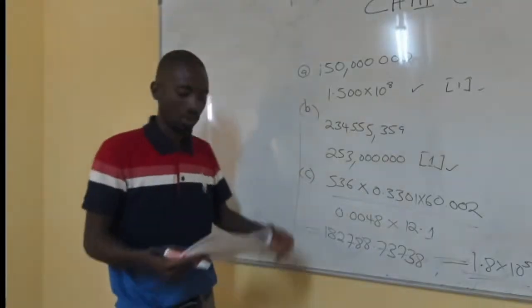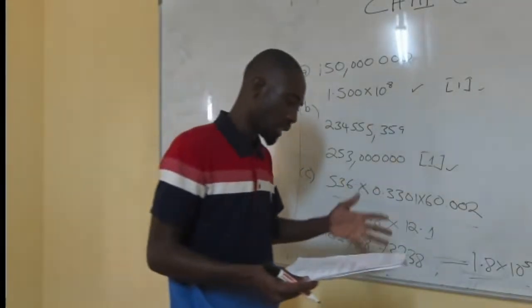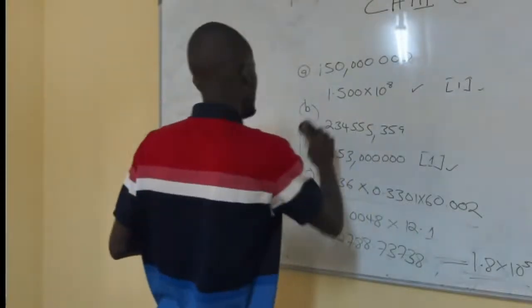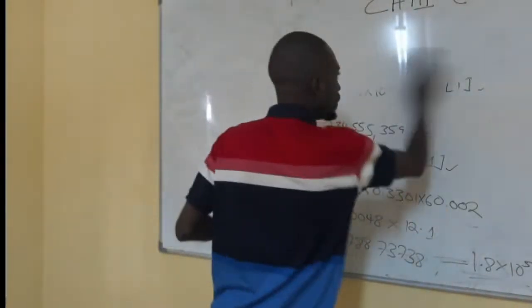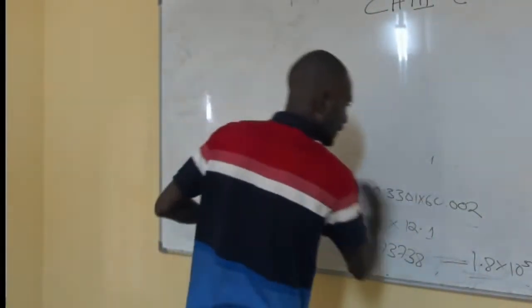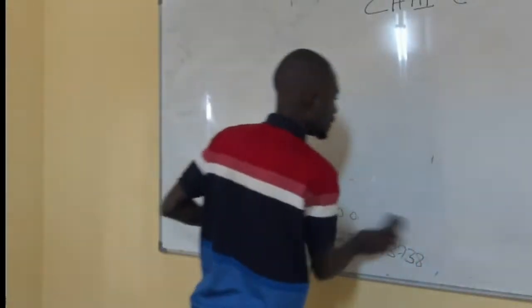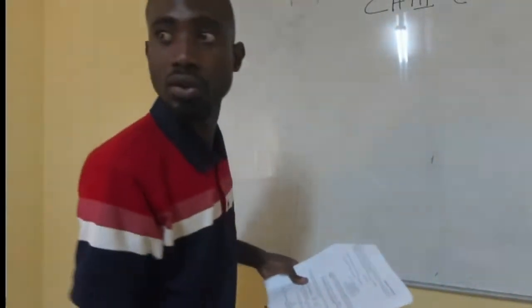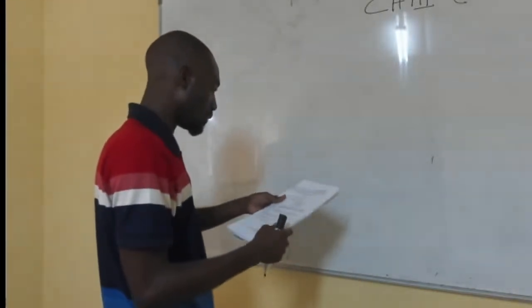Your answer was correct. Let's move on to the third one, which is C, then 2. Okay, so that we are able to see what transpired. So you need to be preparing for your test 2. The test 2 is also on your way.